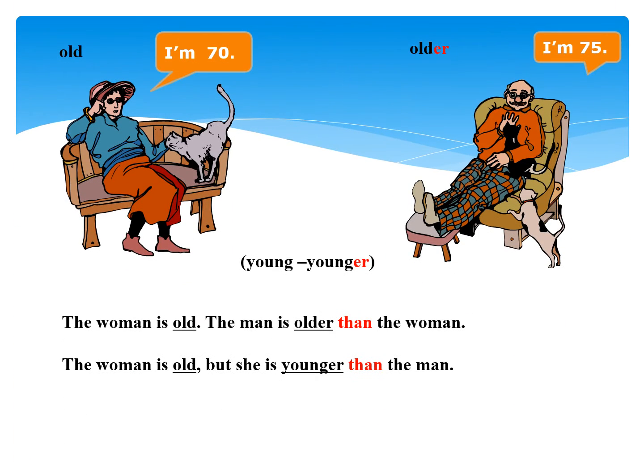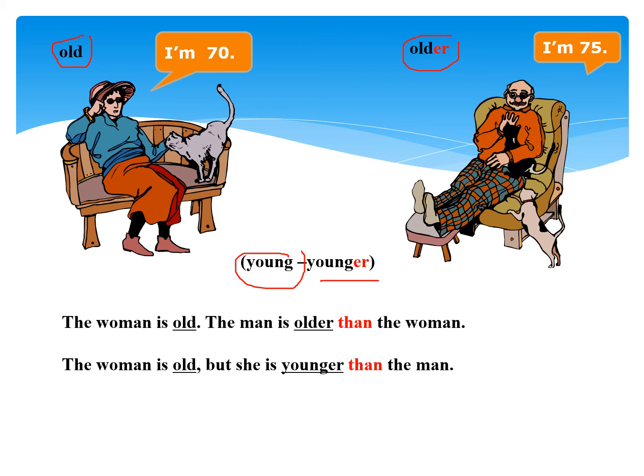Some examples. So look at these two pictures. We have a woman who is 70 years old, and then we have a man who is 75. And then we have the two adjectives. We have old and it becomes older, and then we have young, it becomes younger.